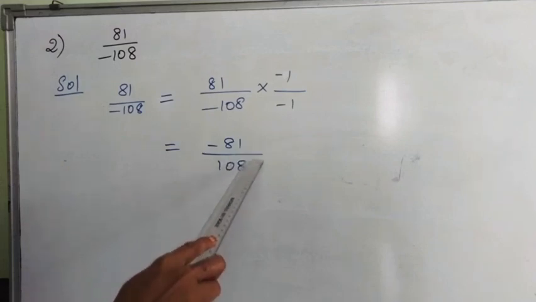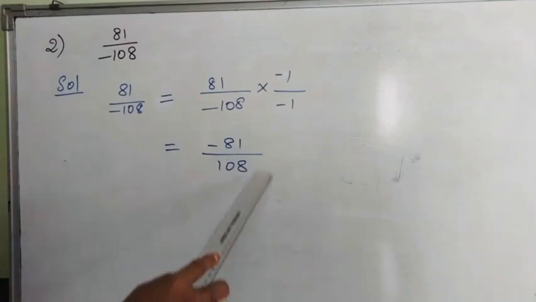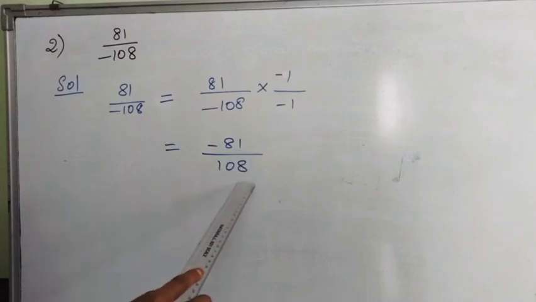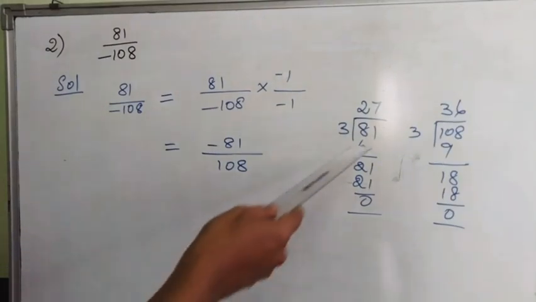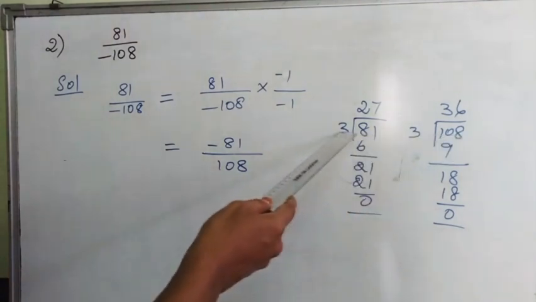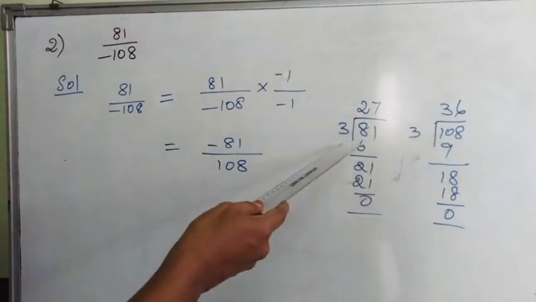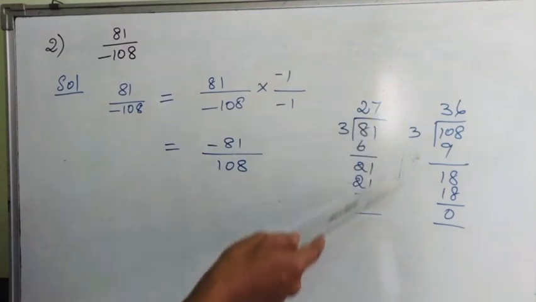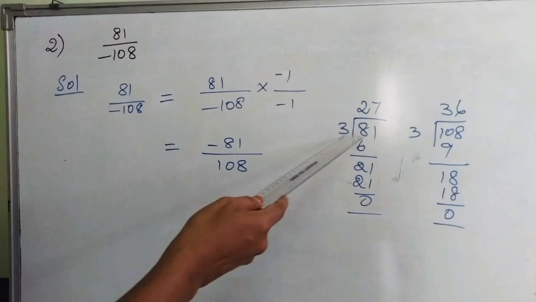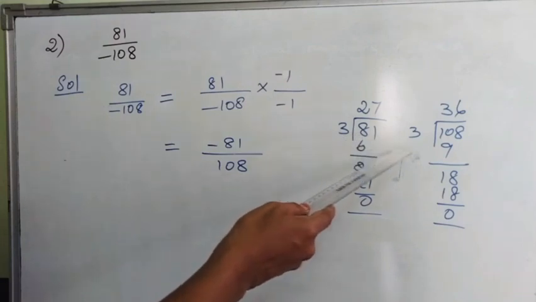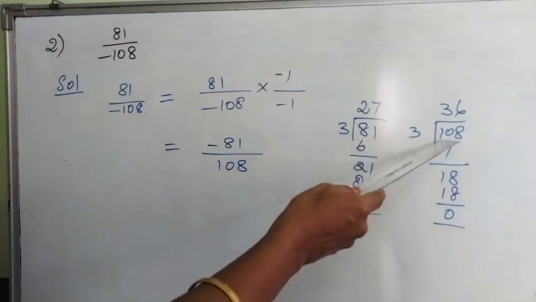And we have to check the next, the 3 table, for the common factor of both numerator and denominator. Okay, see here, 81 and 108 both have the same factor 3. In the 3 table, 81 you divide and get the remainder 0. So it is a factor of 81. 3 is a factor of 81, and also you have to check 108.